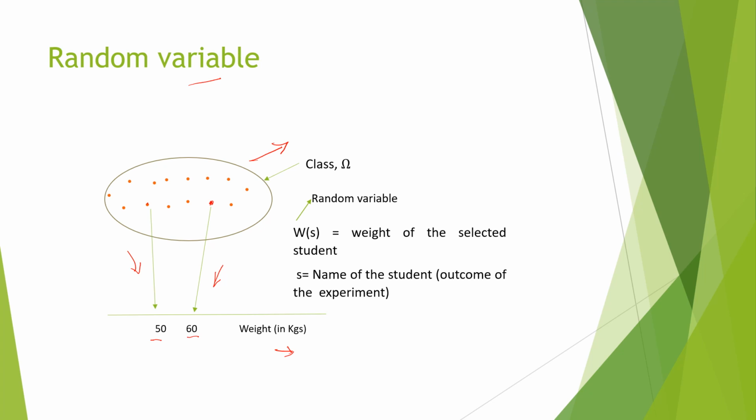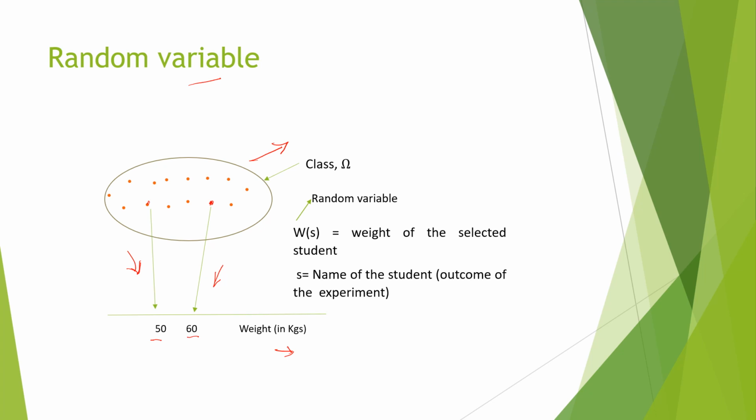Now we define what a random variable is. A random variable is a function which maps the student to his weight. It means it is mapping the outcome to a real number. In this particular case, it is mapping the student to his weight.